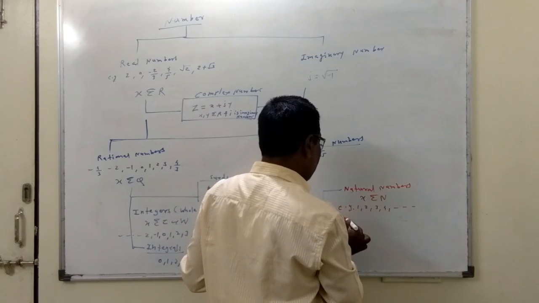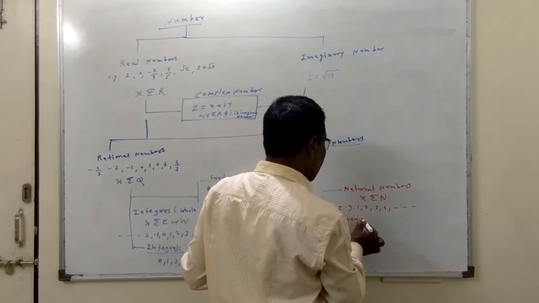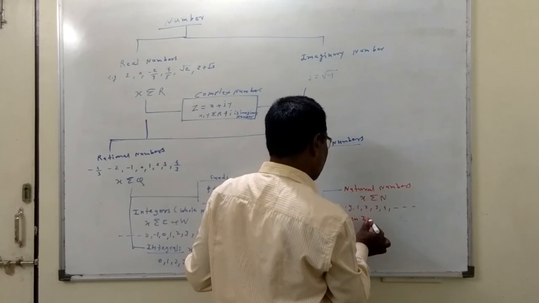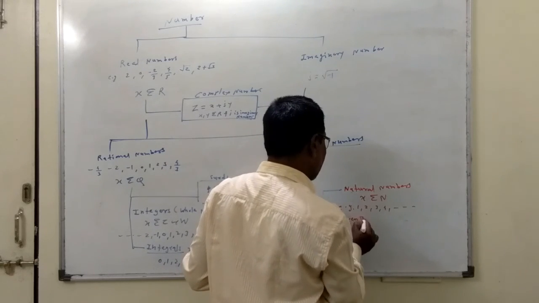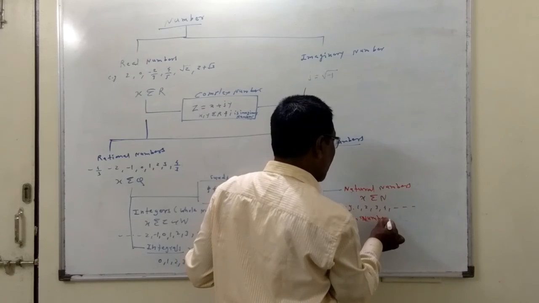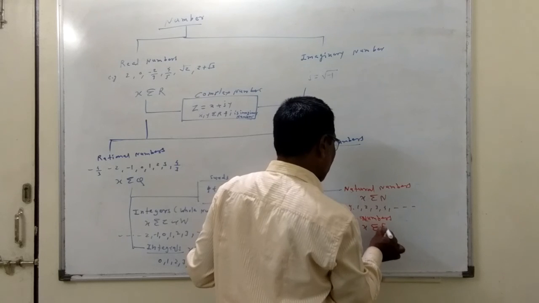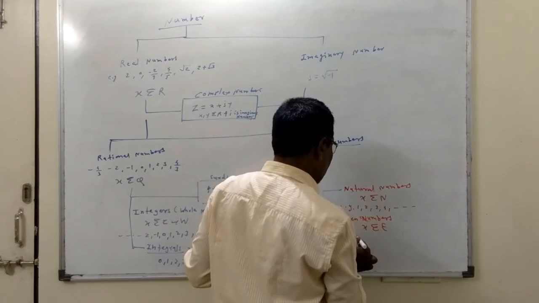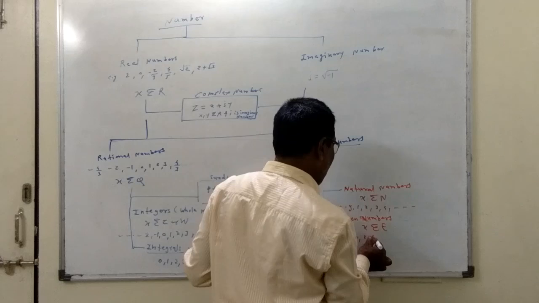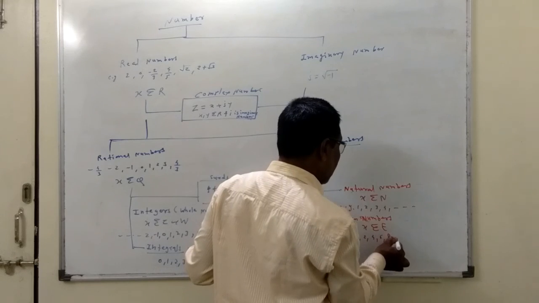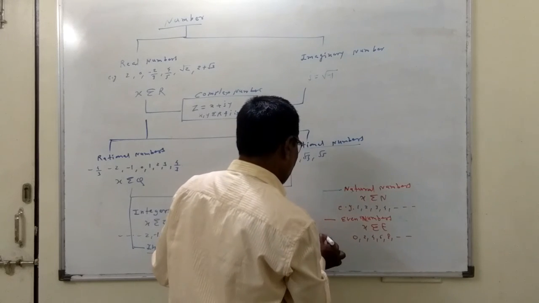Now even integers, even numbers. So x belongs to E, suppose. 0, 2, 4, 6, 8, etc. These are the even numbers.